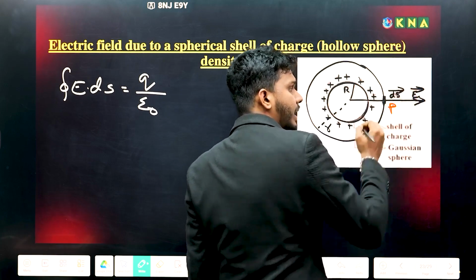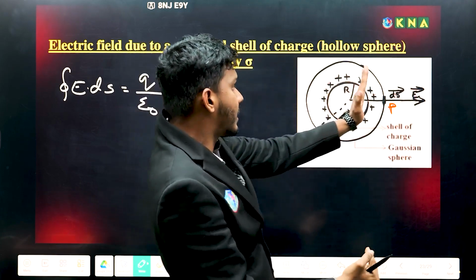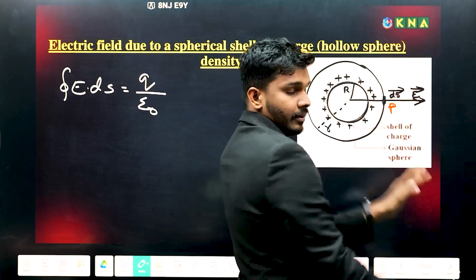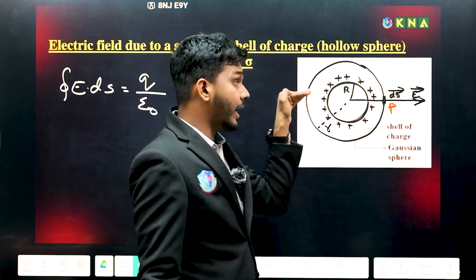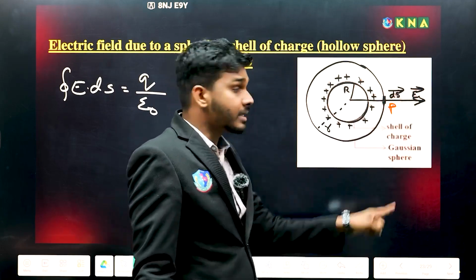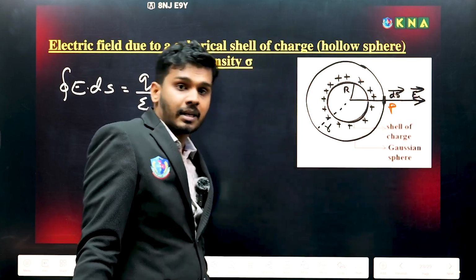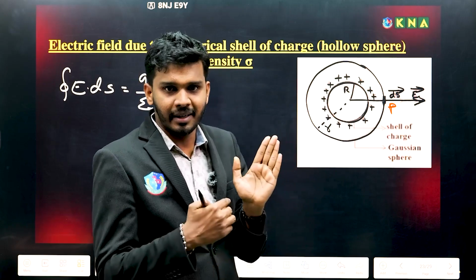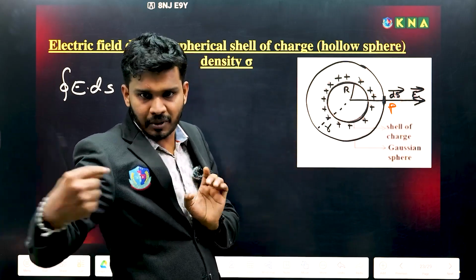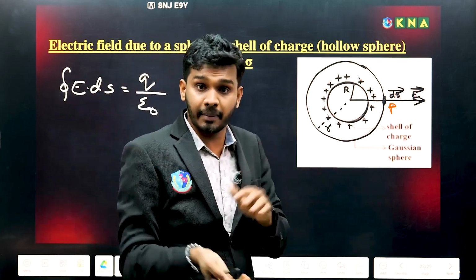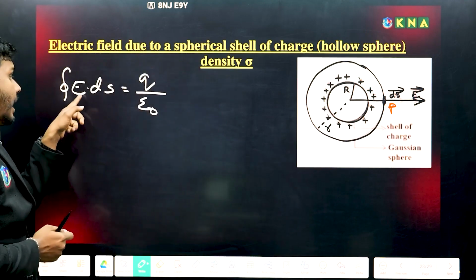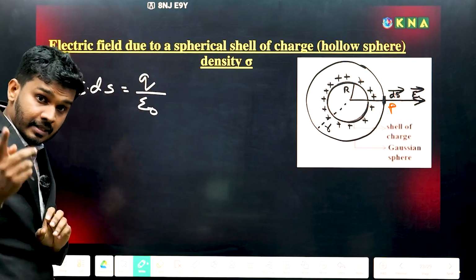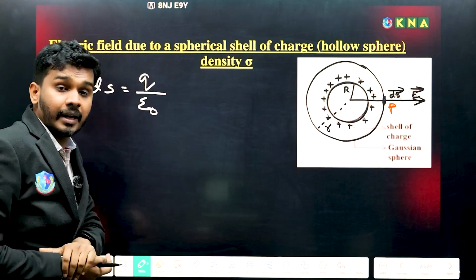The direction of the surface area is always perpendicular to the surface. So the electric field is away from the positive charge, and the surface area is perpendicular to the surface. Both are in the same direction, so the angle between E and ds is 0.